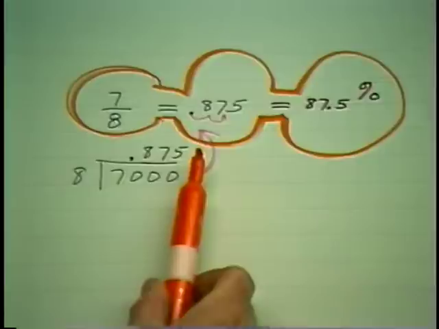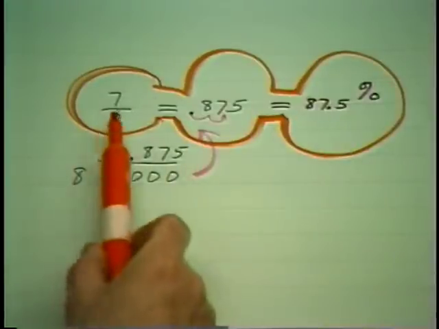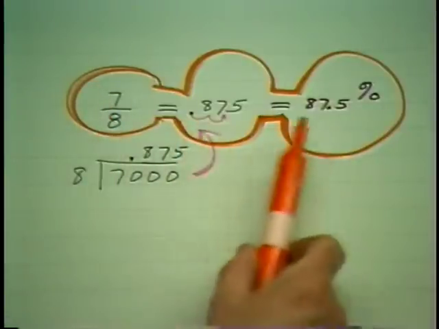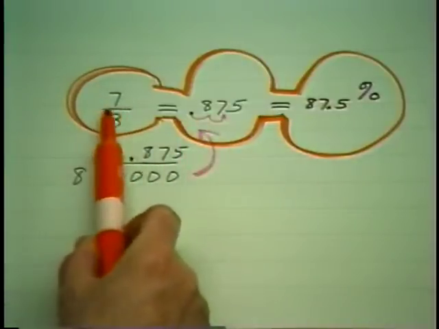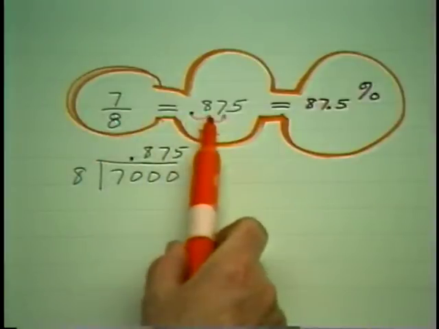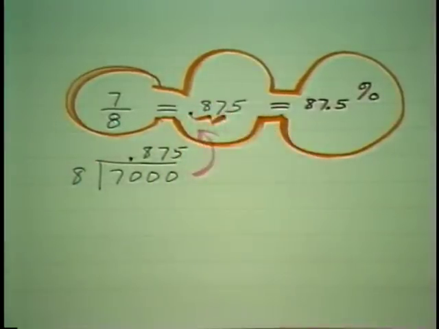Now in this particular lesson, where we want to change a fraction to a percent, notice the slick and easy way is simply do the division, change the fraction to a decimal through that division with at least 2 decimal places.